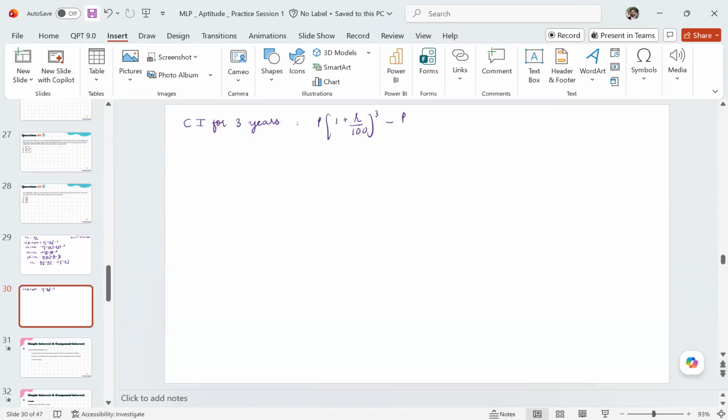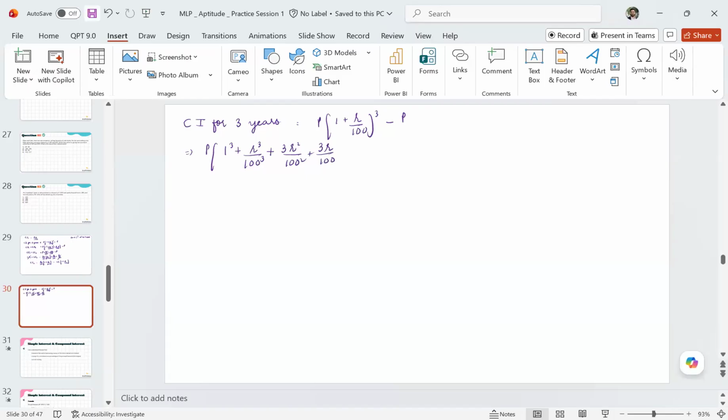Now, can you tell me what is (1 plus R upon 100) whole cube? A plus B whole cube is A cube plus B cube plus 3A square B plus 3AB square.